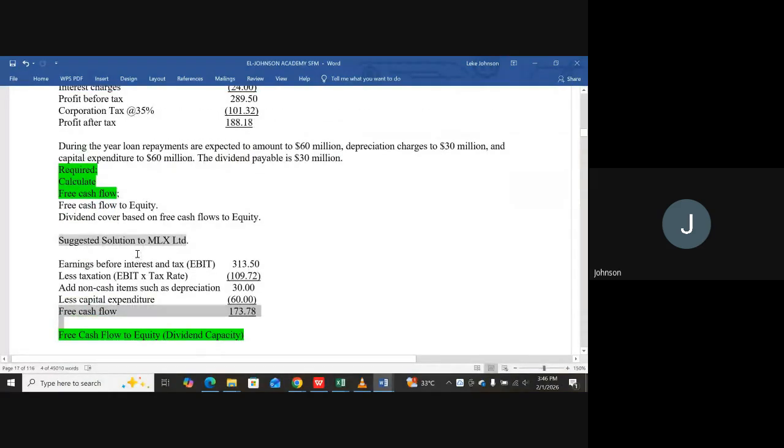Then we now less, because we need to check for capital expenditure, we need to less it. We need to also check for increase or decrease in working capital. We also check whether it's going to be there. So with that being said, I think we can now go further to continue solving.